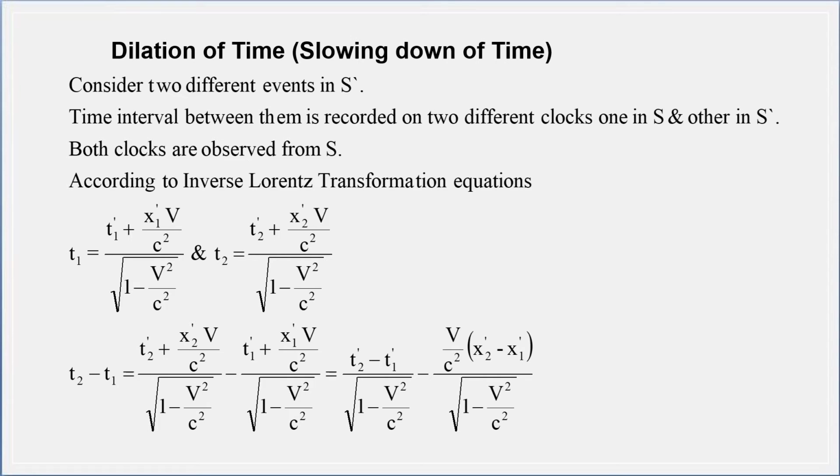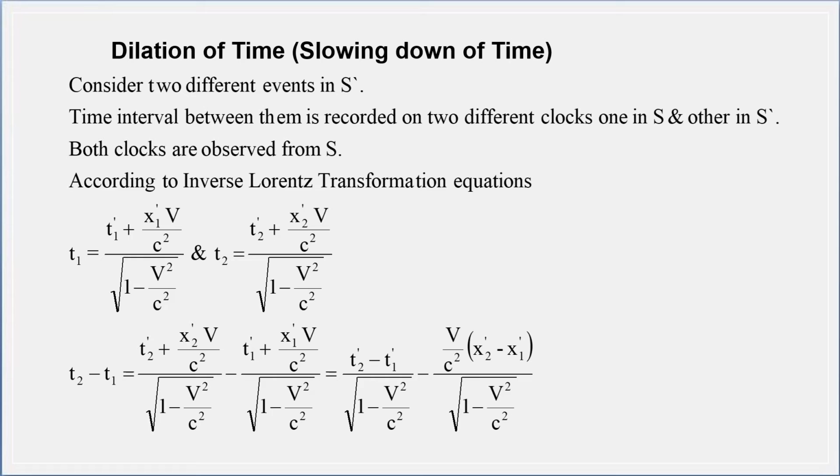Next, let us take the example of dilation of time, the slowing down of time. Let us consider two different events taking place in S dash. Something is happening at one point in the frame S dash, and another event is taking place in the same frame.